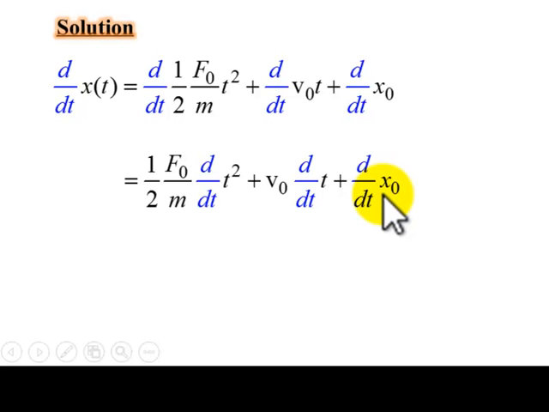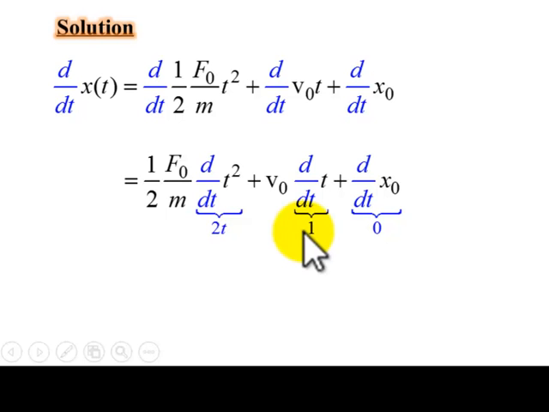As mentioned earlier, for the derivative of t squared, we can simply take the number 2 down here as a multiplying factor, times t raised to the power 2 minus 1. Therefore, the first term becomes 1/2 f0 over m times 2t. In the same fashion, d by dt of t is simply the number 1.